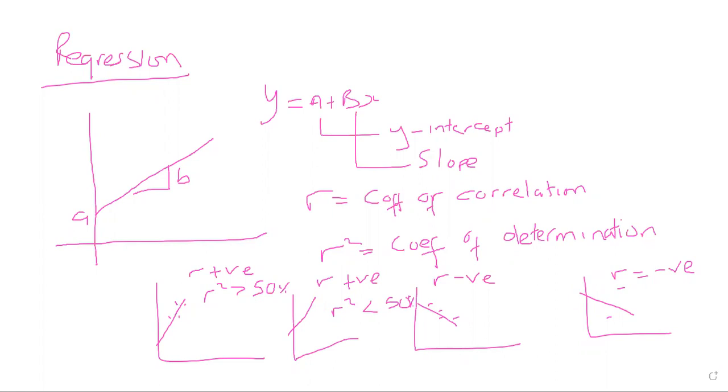So we now go to a regression question. We have x and y here. We have 1, 2, 3, 4, and 5. And we have 1, 1, 2, 2, and what? And 4.